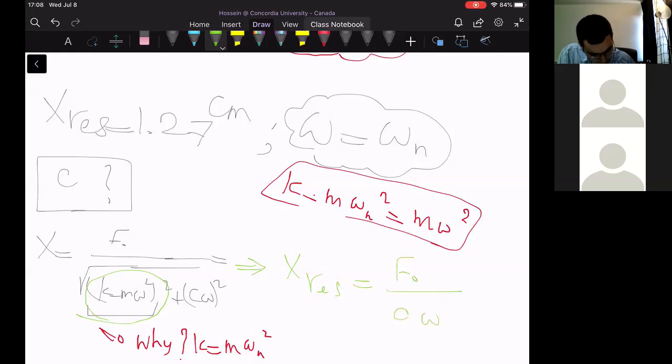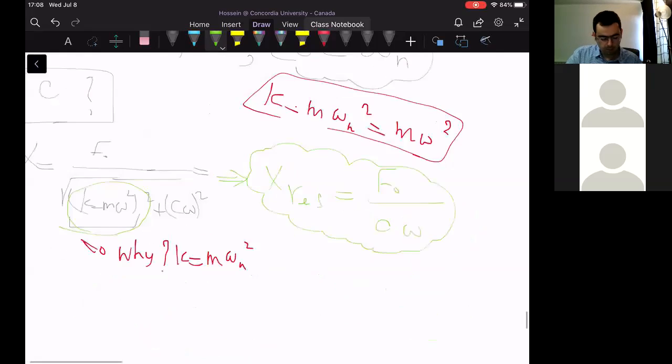You could easily calculate the damping coefficient, the damping constant, by solving this equation for c. C is f naught over x of resonance multiplied by omega. So f naught is given to us.